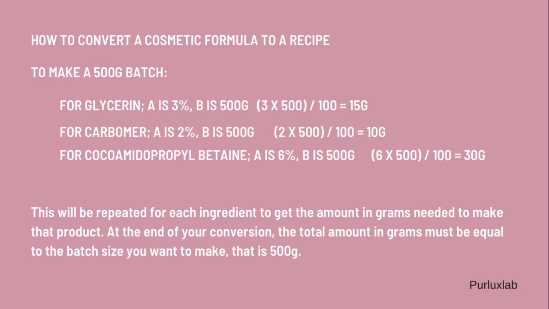So that is how you would convert your formula from percentage to gram. No matter the batch you are trying to make, whether a small batch like 100 gram, or a larger batch up to about 200 kg, you would use the same formula to calculate the amount of each ingredient you're going to need.